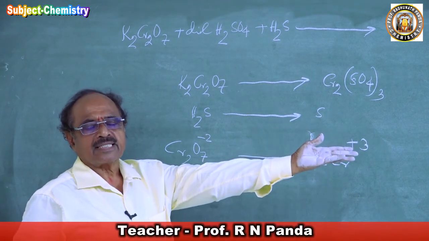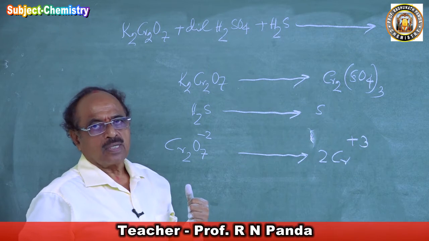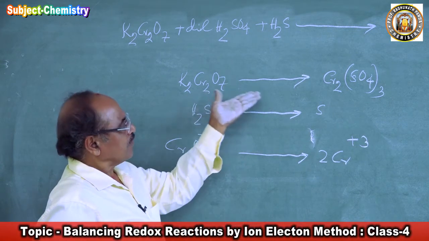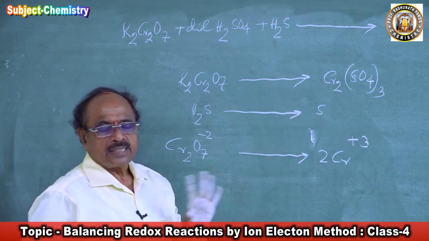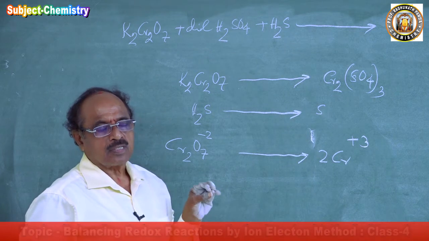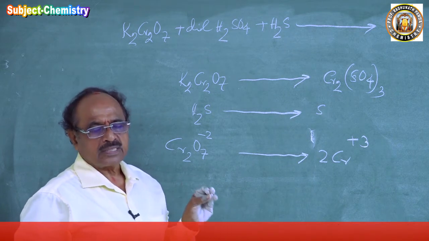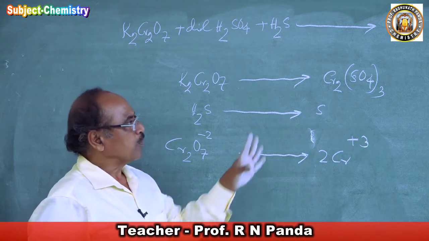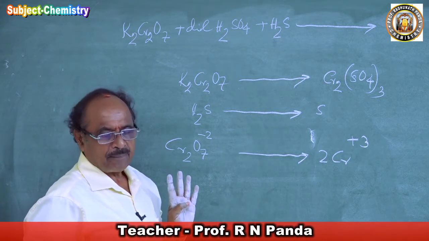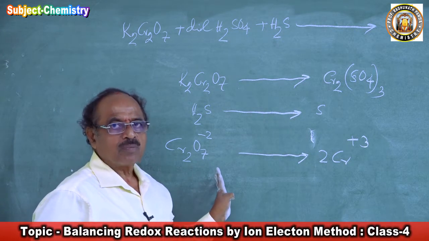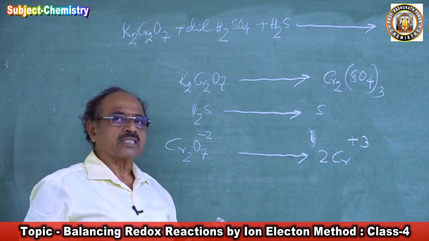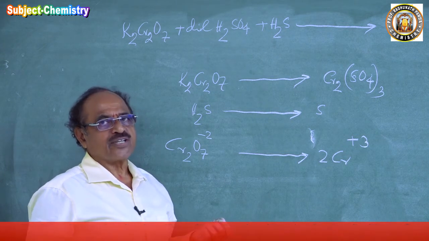On this side K2Cr2O7, on the next side comes K2SO4, and this side sulfate, that side sulfate. So there is no change in oxidation number for potassium, no change in oxidation number for sulfur. That is the reason we are not involving them. We write the ionic form of those reagents whose oxidation number is undergoing change.